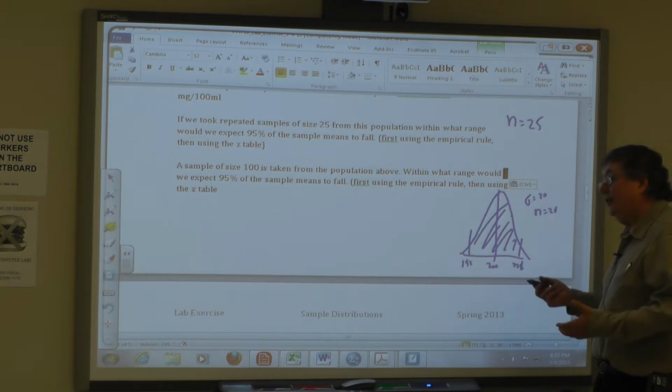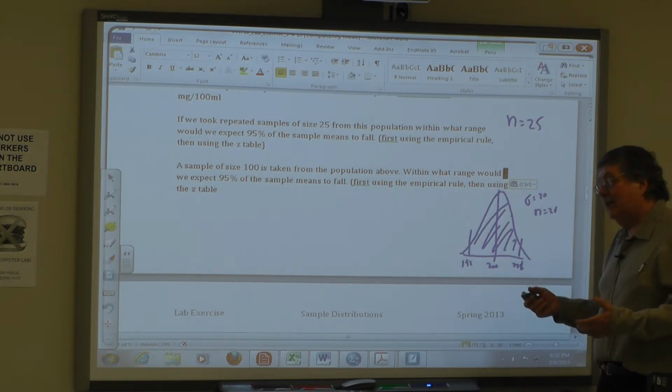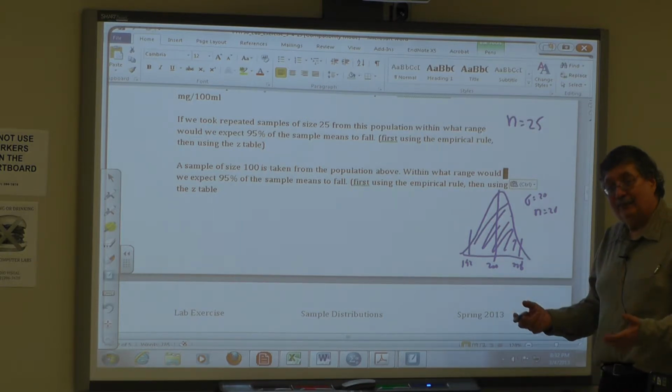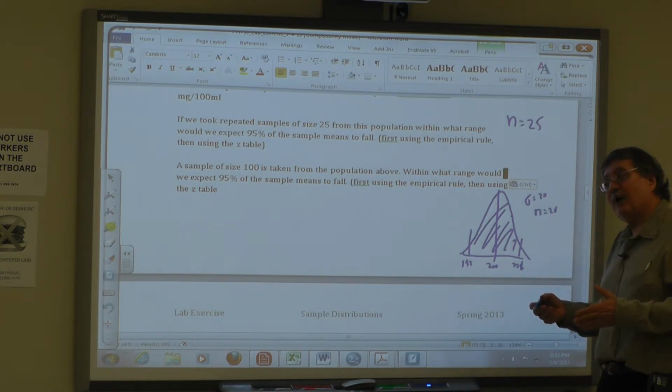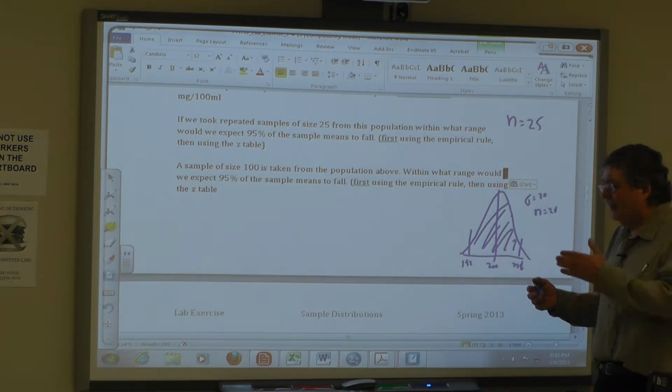Now, another way of looking at that is saying that if you take a sample and you look at that sample, that sample is approximating the mean of the population. That's the whole point of taking the sample, to estimate the mean of the population. Another way to look at that is to try and figure out, well, I'm going to estimate the population standard deviation based on what I know.